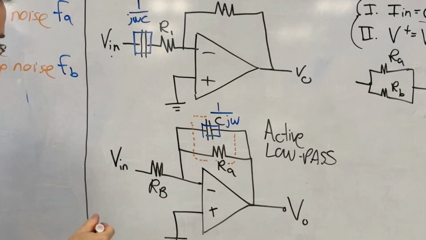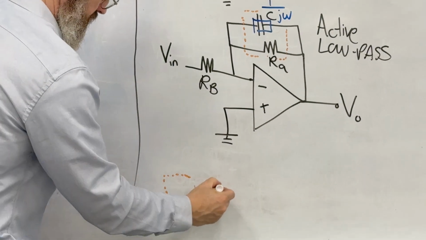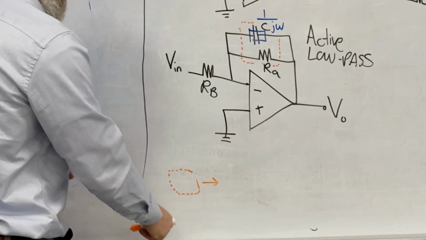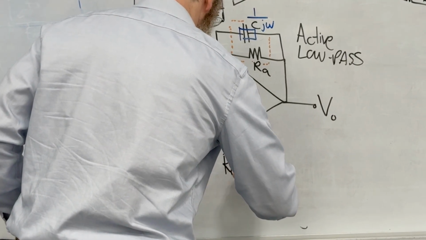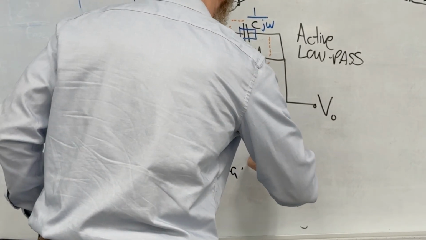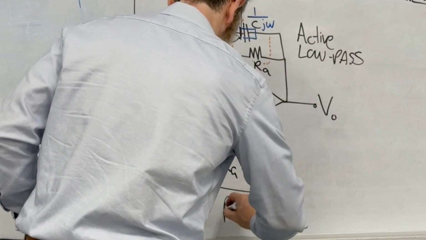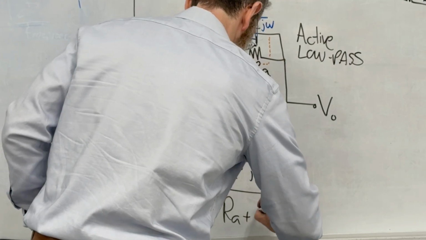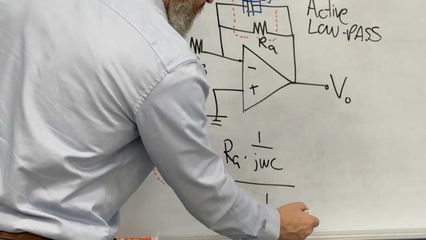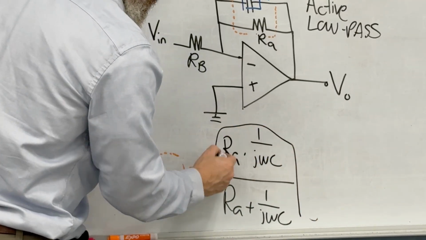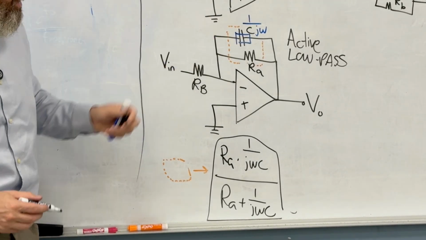with another resistor, right, which is a single resistor which has these values. So what we're going to say is R sub A times 1 over JWC over R sub A plus 1 over JWC. Right? This is a single resistance value that is this resistance value.